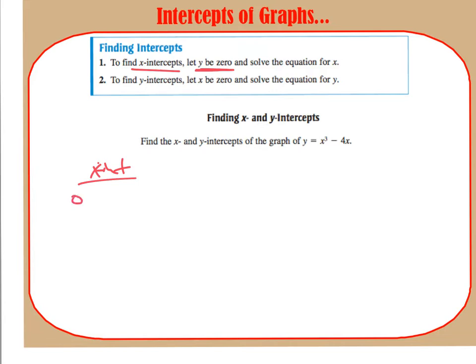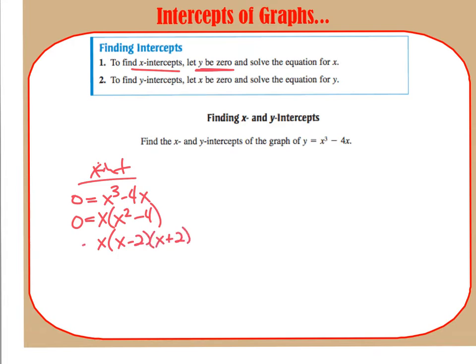So to find an x-intercept, I'm going to substitute in 0 for y. So now I end up having 0 is equal to x cubed minus 4x. Now, we know how to factor. What can I factor out of this bad boy? X. I can factor out an x. And what am I left with? X squared minus 4. Can I still factor it? Yeah, what can we factor it to? X times (x minus 2) times (x plus 2).